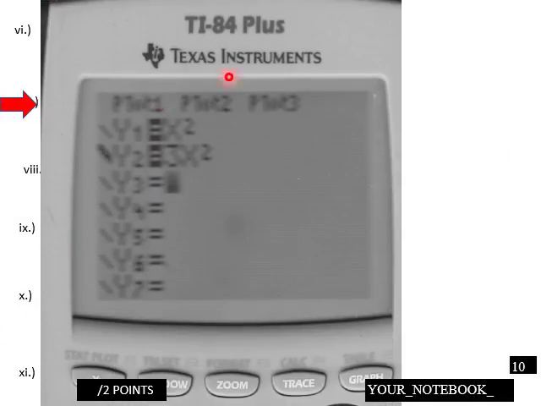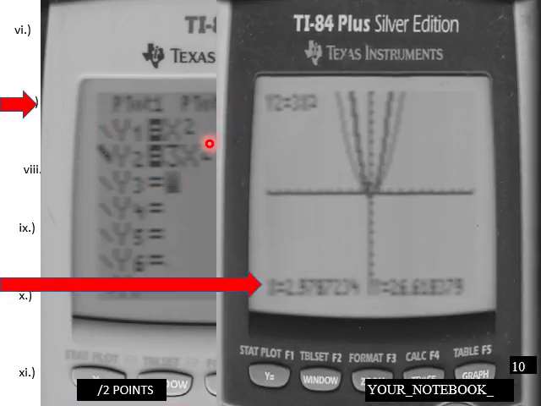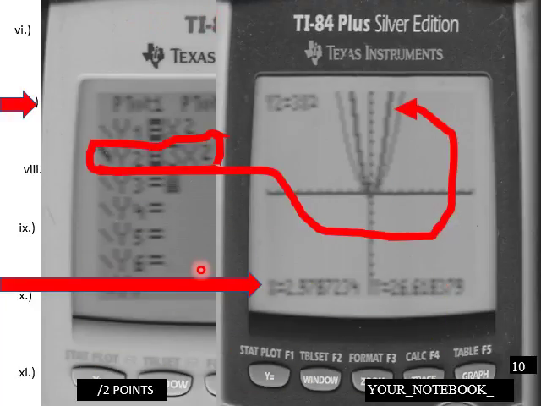And then here is the TI-84 screenshot of these two functions, y equals x squared and y equals 3x squared, and the screenshot of the graphs on a graphing calculator. This is what you should come up with. This is the 3x squared, a little bit of what they call a vertical shrink.